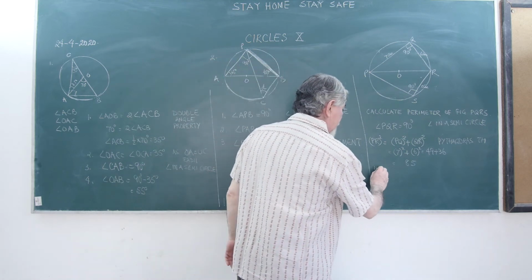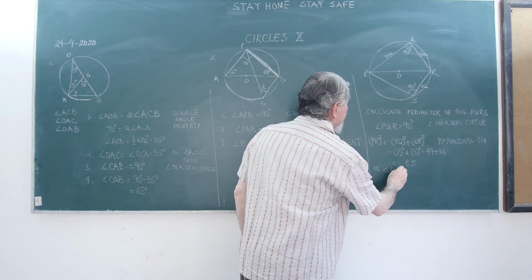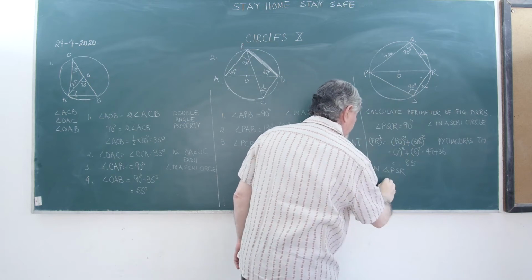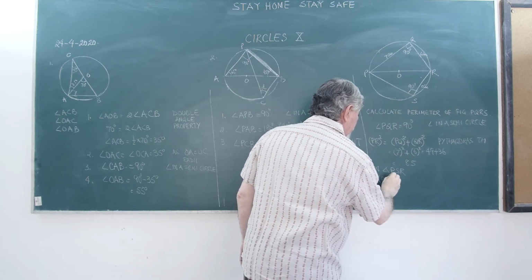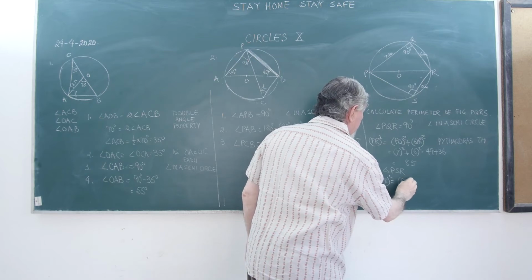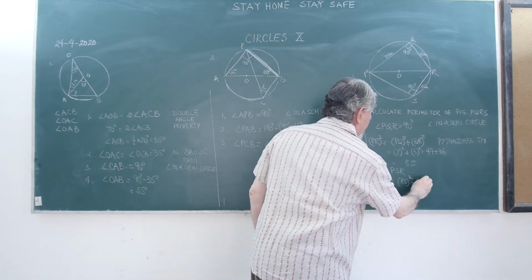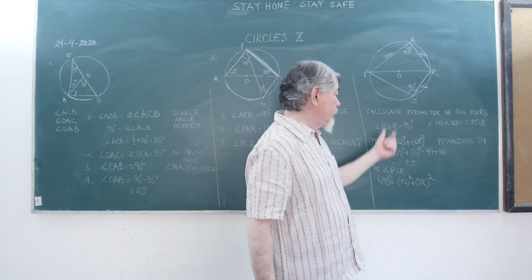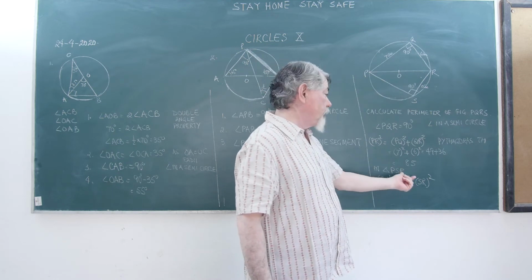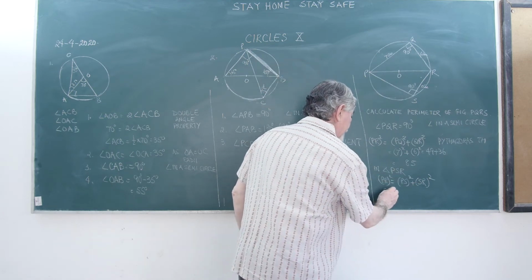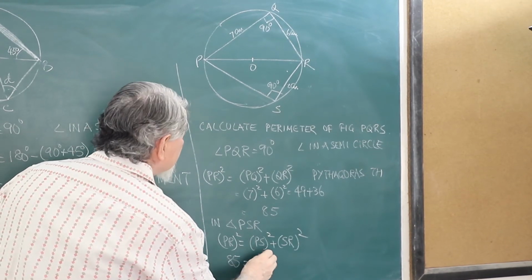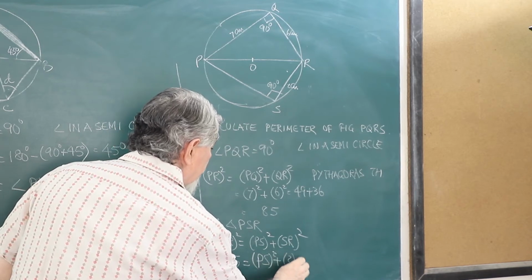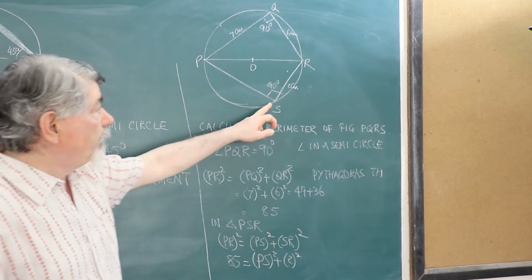Now in triangle PSR, let us calculate. Again apply Pythagoras. PR square will be equal to PS square plus SR square. Now PR square I have already calculated. This is why I did not take out the square root, which is 85. PS I have to calculate, and this is 2 square, because the value of SR is 2.